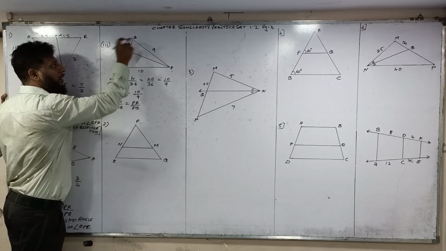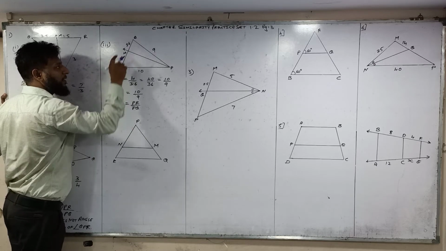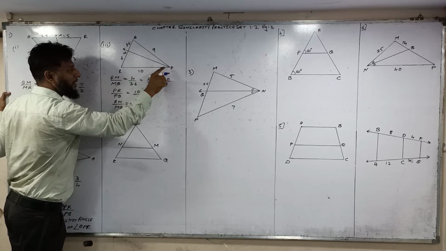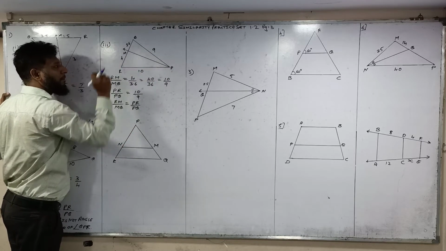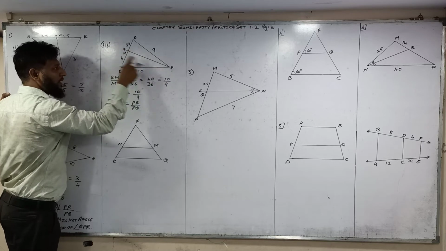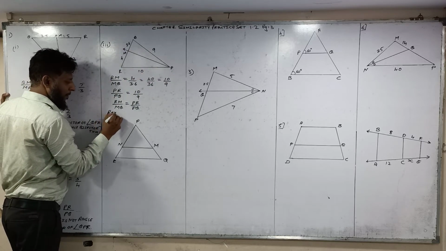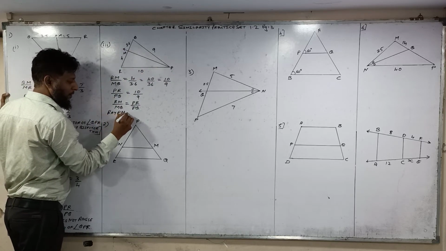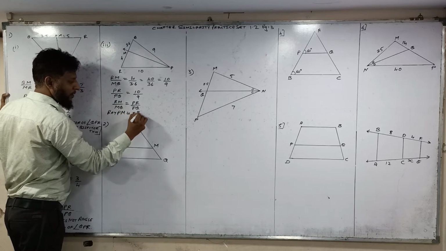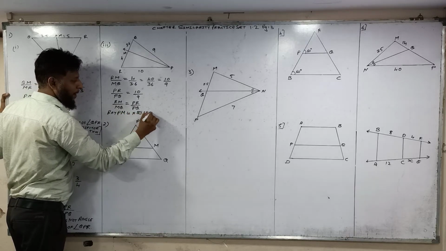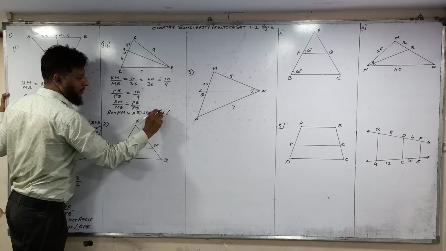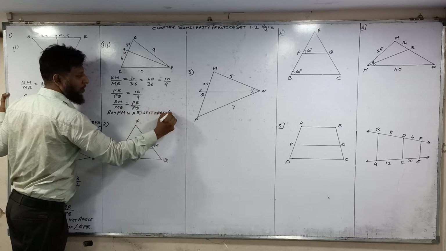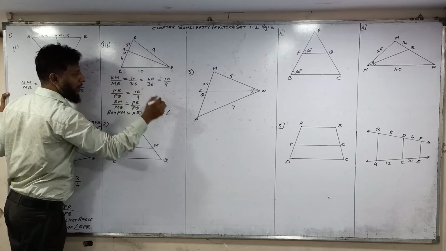So if RM upon MQ, this bisected side, is proportional to these two sides, then this ray PM will be the bisector. Ray PM is a bisector of angle QPR.